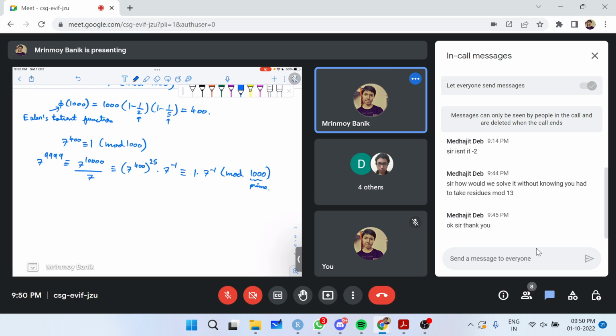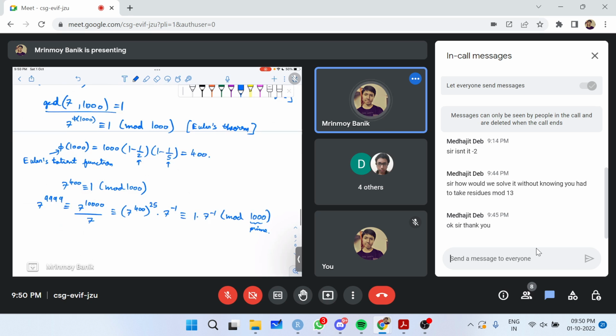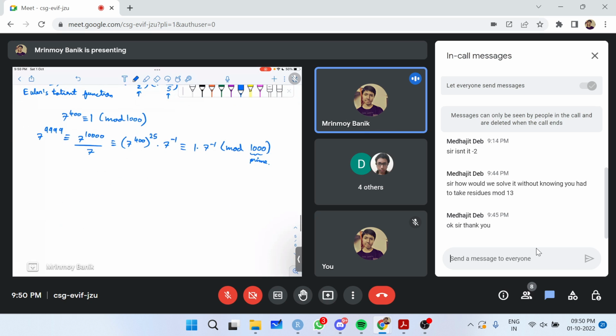The GCD of 7 and 1000 is 1, so that means this inverse exists, whatever it is. So let's try and find it.